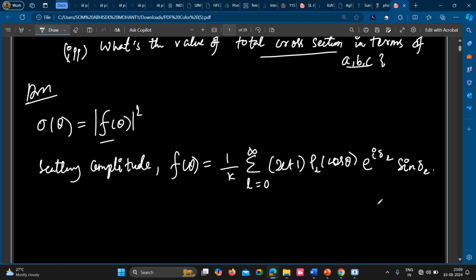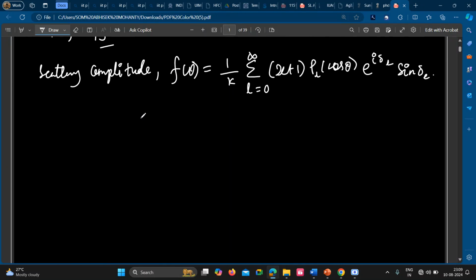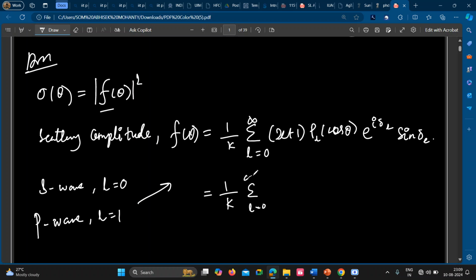So here, what is the question? Only s and p waves are considered. For the s wave, l is equal to 0. For the p wave, the value of l is 1. So we'll put it here: 1 by k, summation, put 0 here.